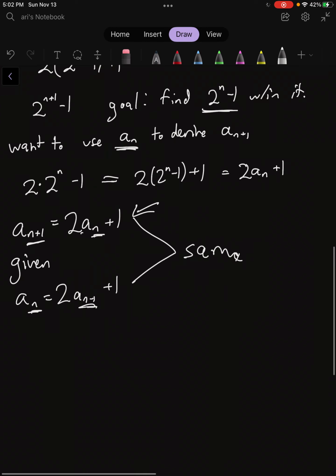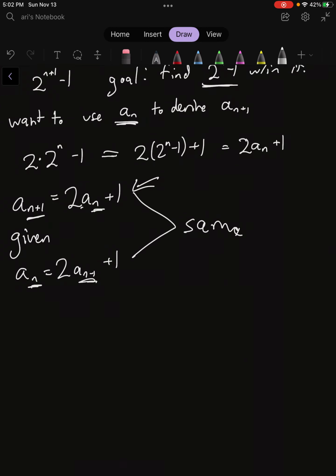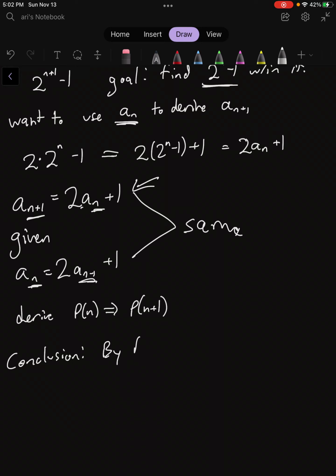So at the end of the day, we're able to derive p of n implies p of n plus 1. And then our conclusion is that by the PMI, p of n implies p of n plus 1.